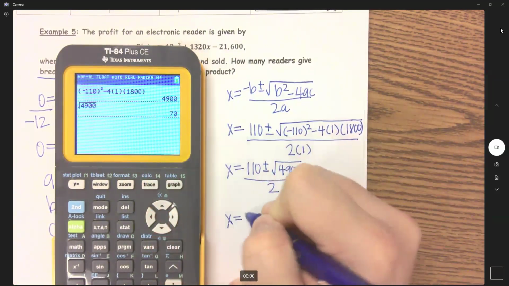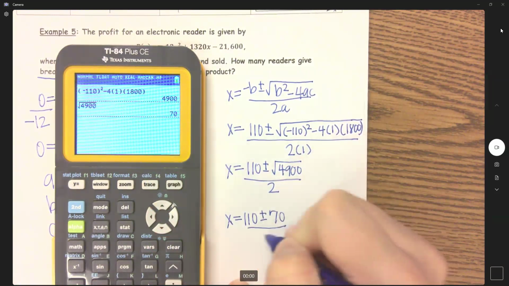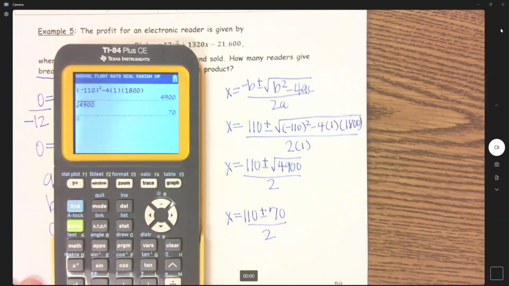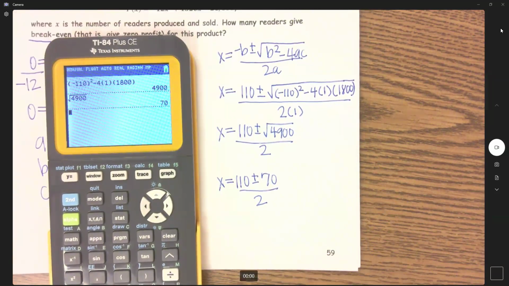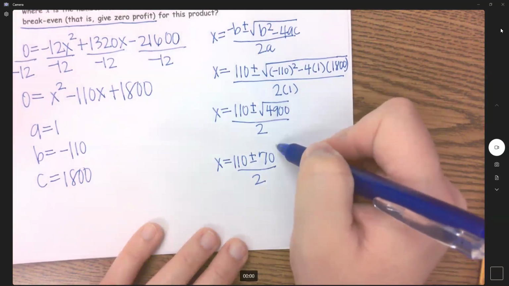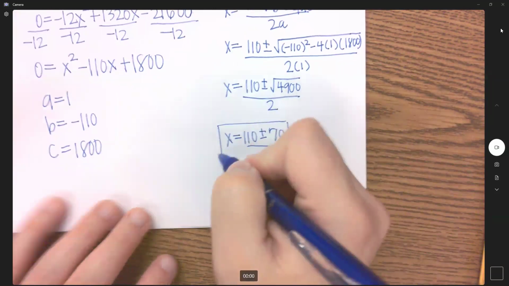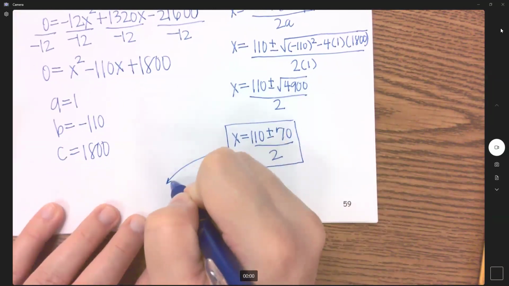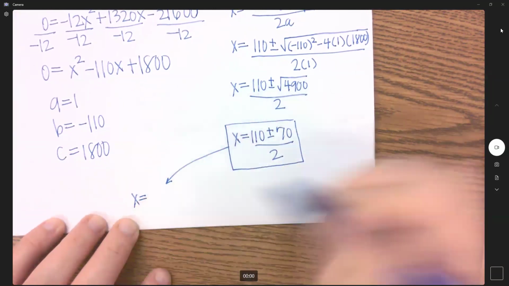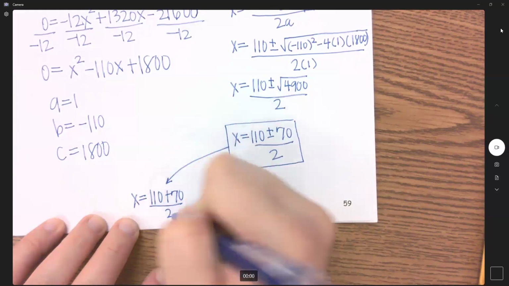So x equals 110 plus or minus 70 all over 2. So let's split that up and get our 2 answers here. Okay, I'm going to put a box here. That's not my final answer. So that means we get x equals 110 plus 70 all over 2.